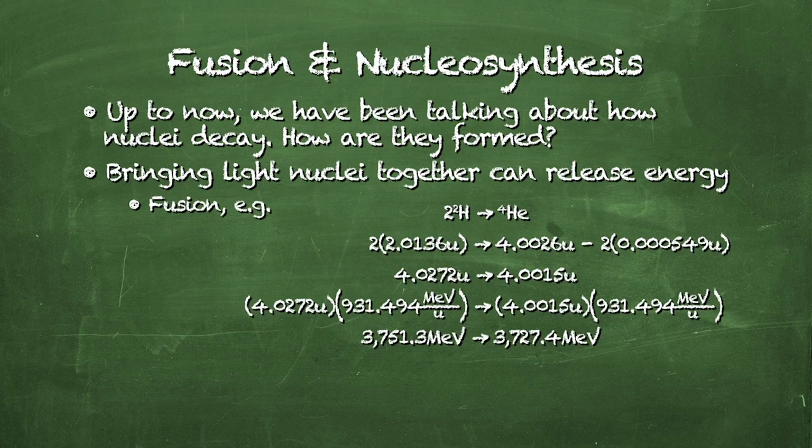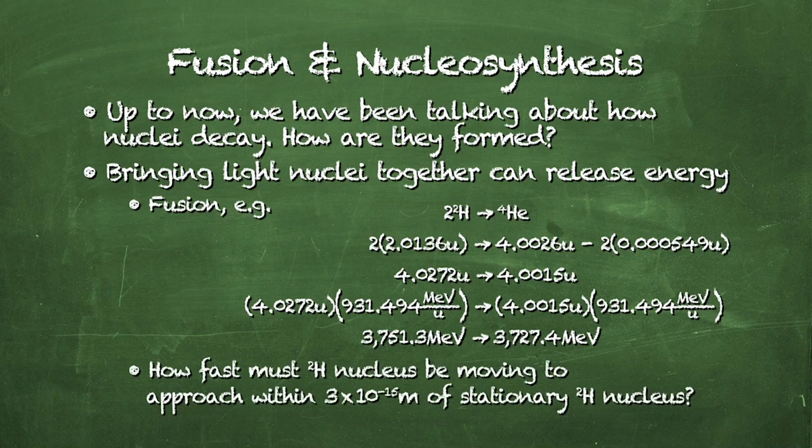However, it is very hard to bring together two hydrogen-2 nuclei because of the electric repulsion between the protons. Once we get them close enough together that the strong nuclear force can take over, we will release energy, but they have to have a lot of kinetic energy or a high speed to begin with just to get that close. So, let me ask a question.